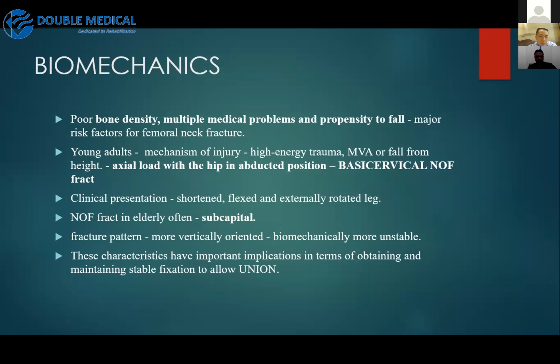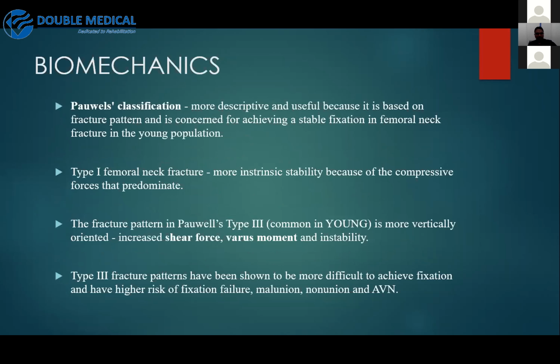Okay, so the more vertically oriented fracture, as I mentioned earlier, is biomechanically more unstable, Pauwels 3. And these characteristics have important implications in terms of obtaining and maintaining a stable fixation to allow union. Like I said, we prefer the Pauwels classification for the young because it is more descriptive and based on the fracture pattern, and we need to achieve a stable anatomical reduction for a good outcome.